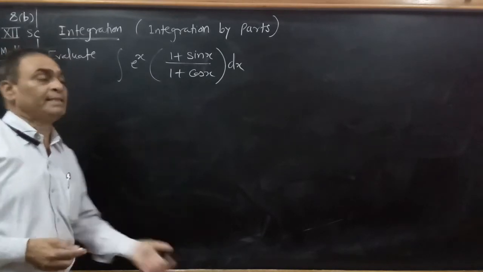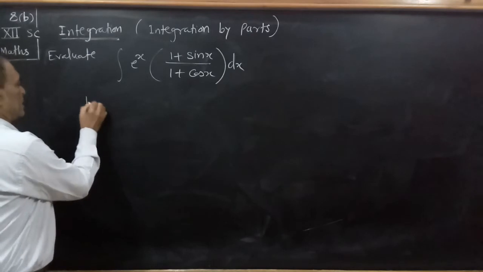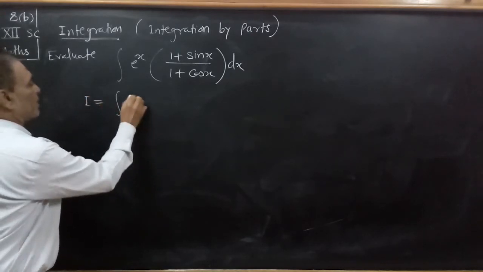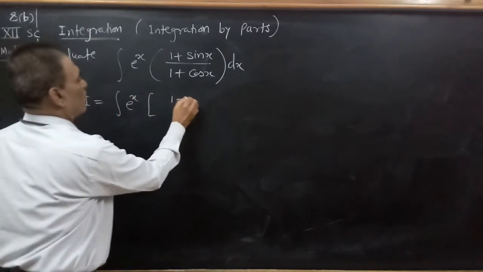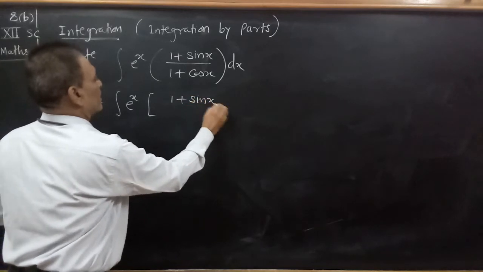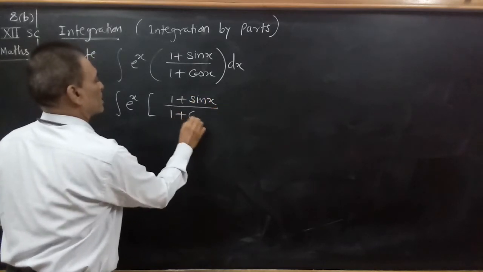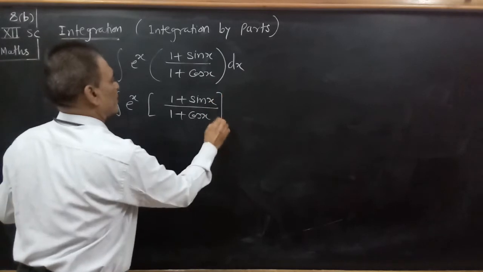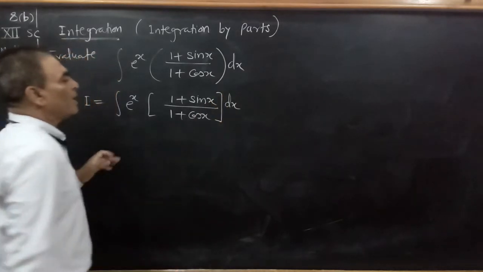Start in this way: I equals the integral of e raised to x into bracket (1 plus sin x) divided by (1 plus cos x) dx. And think how to convert it into our standard form.